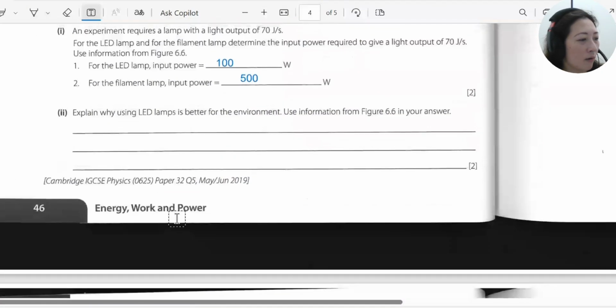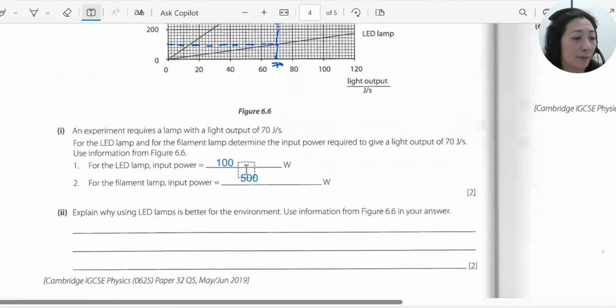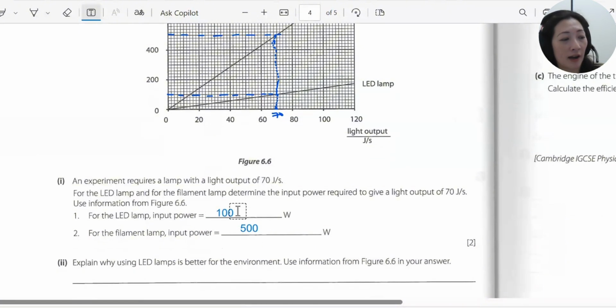Explain why using LED lamps is better for the environment. Use information from figure 6.6 in your answer. You can see that for both the filament lamp and LED lamp, if we compare the same light output of 70 joules per second, these two lamps will have the same brightness. But the filament lamp requires a much greater input, 500 watts compared to the LED's only 100 watts. That means a lot more energy is lost when you use a filament lamp compared to the LED.